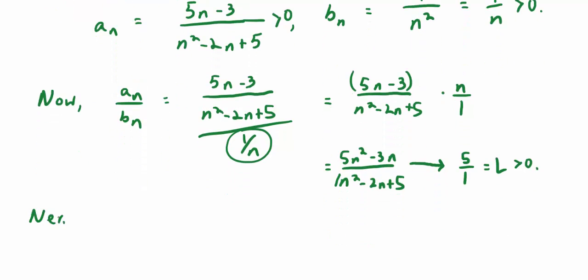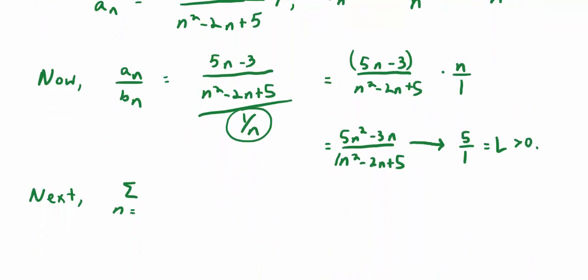Next, the sum from, I think it was n equals 1, right? Yeah. The sum n equals 1 to infinity of 1 over n diverges. What's the reason? It's p series with p equal to 1.